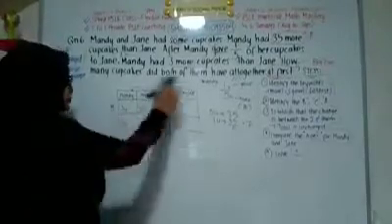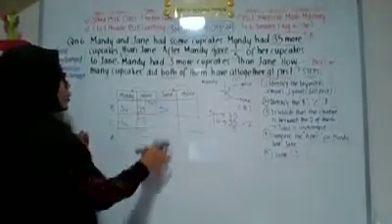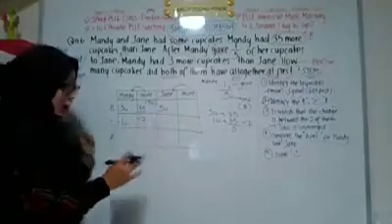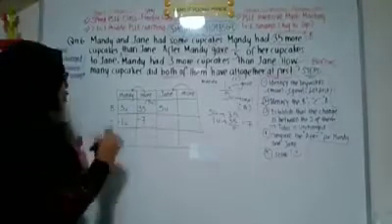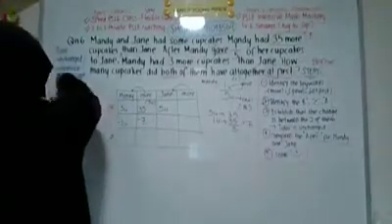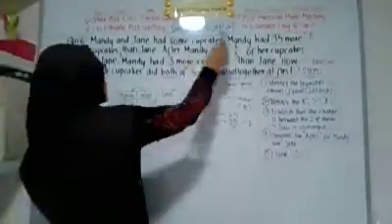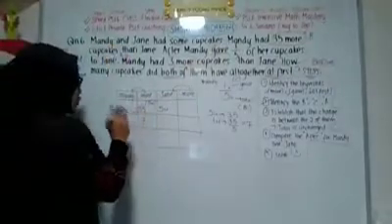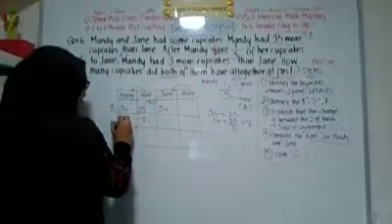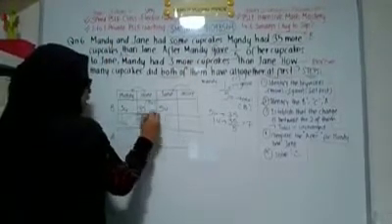So now, what are we going to do next? We are going to find out the after row. Remember that after Mandy gave 1/5 of her cupcakes to Jane, this 1 unit is given to Jane.